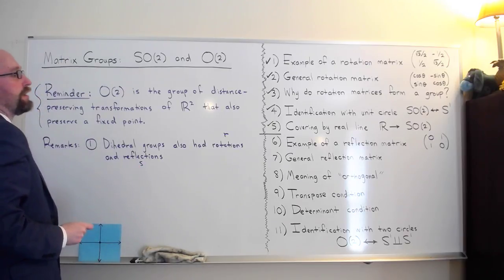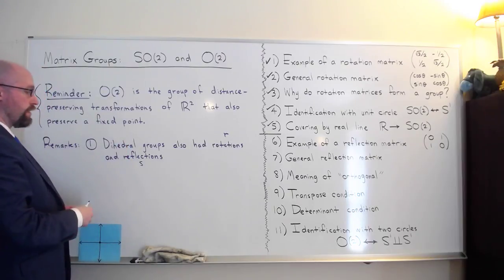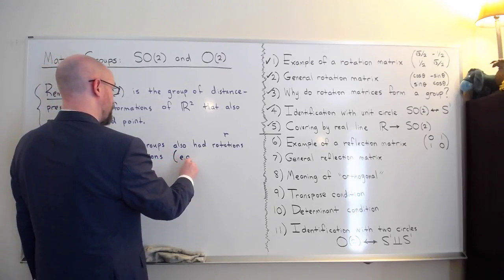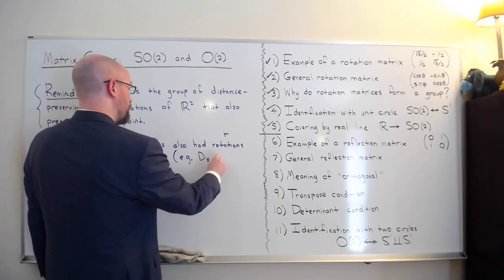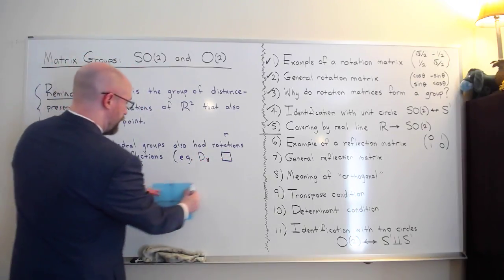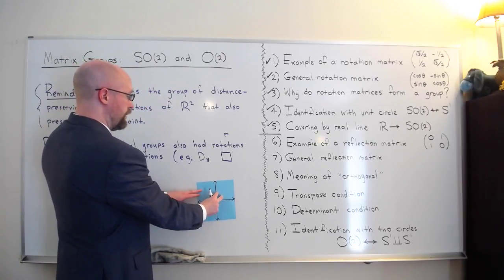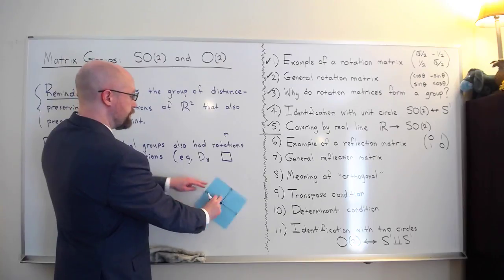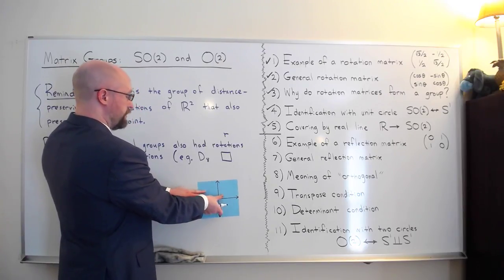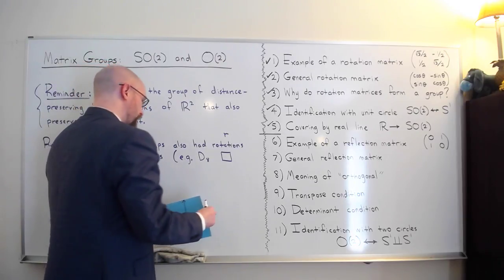And depending on which polygon you were transforming, for instance, we did D8. So this was where we're transforming a square. And so in this case, we had rotation by 90 degrees, and then we had rotation by 180 degrees, and then by 270 degrees, and then you're back to where you started.